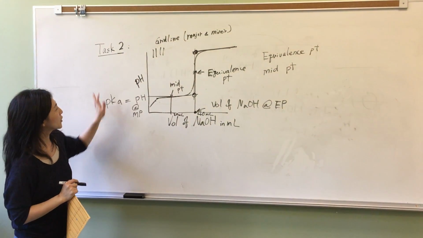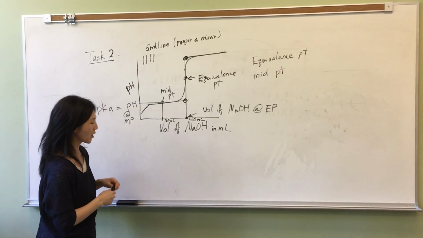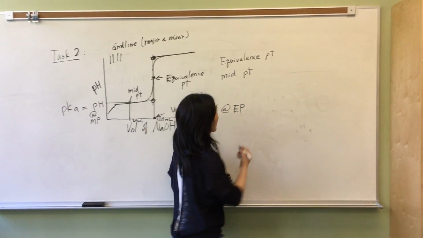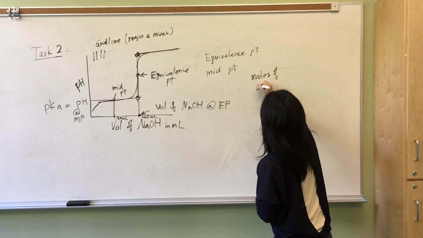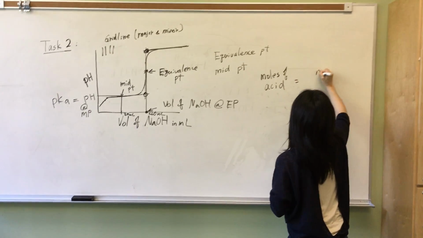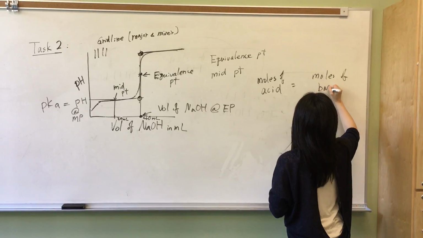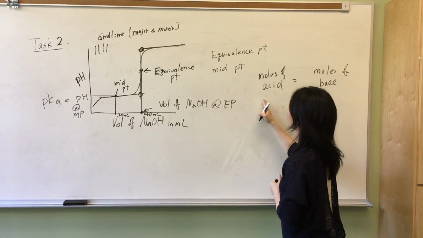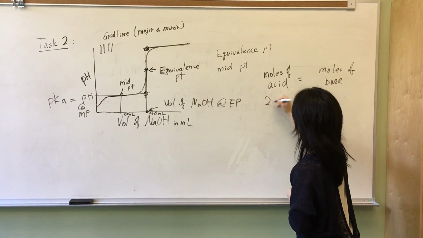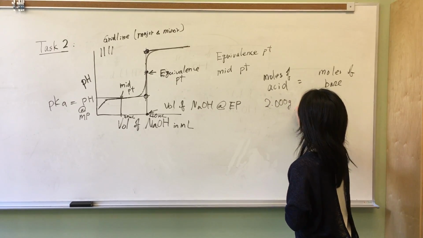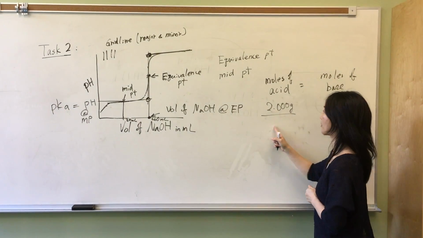Okay? After you do this, you need to calculate the molecular weight of your unknown. Okay? And then again, you're gonna use the concept that moles of acid equal moles of base at the equivalence point. Moles of acid is your unknown, and everybody weighed out about 2 grams. Okay? But you should use your own mass that you weighed out on the balance.